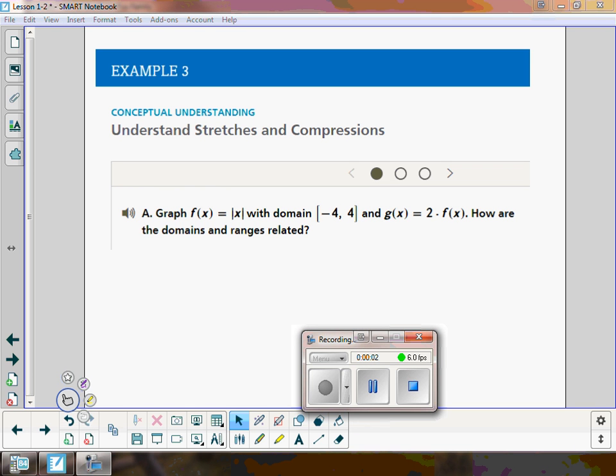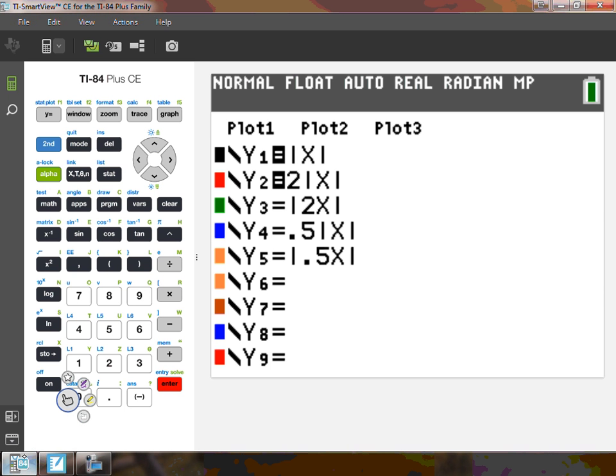Today we're going to look at example 3 in lesson 1.2, and for this one we're going to do the whole thing on the graphing calculator. I didn't quite like the way the book had this set up. I'm going to approach this from our graphing calculator screen, and we're going to take a look at how the graph of the absolute value of x changes as we multiply different numbers by it.